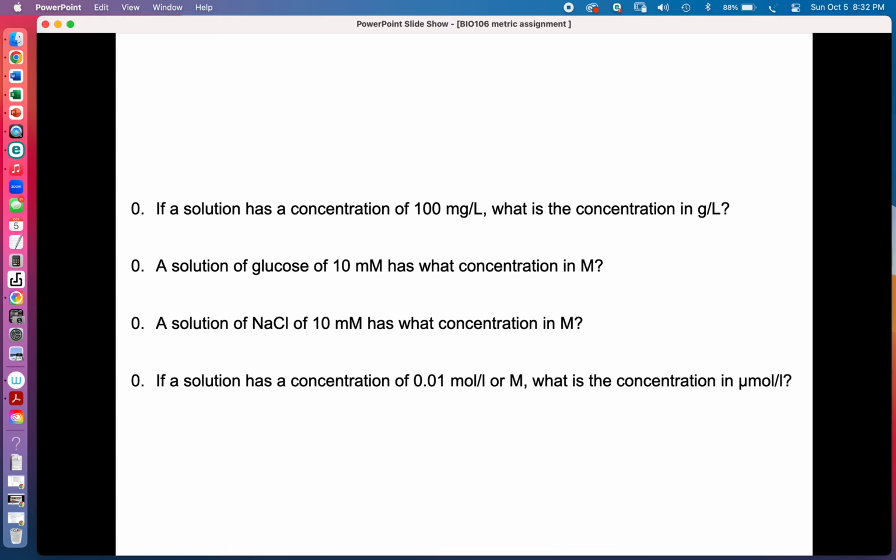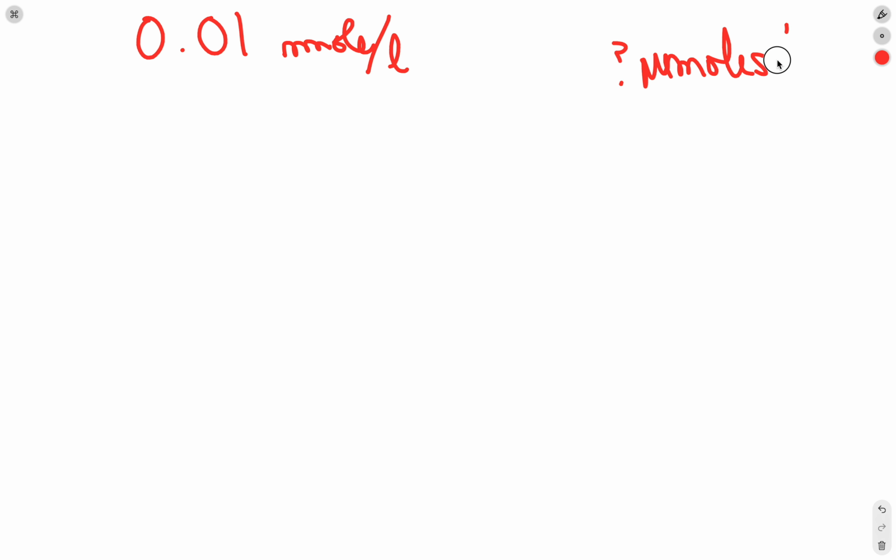So let's just go over here. 0.01 moles per liter, and we want it to be how many micromoles per liter.